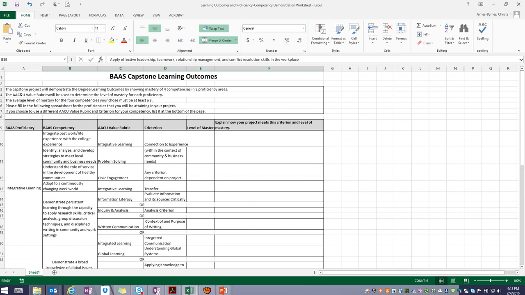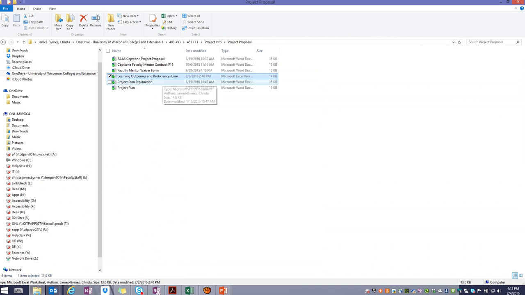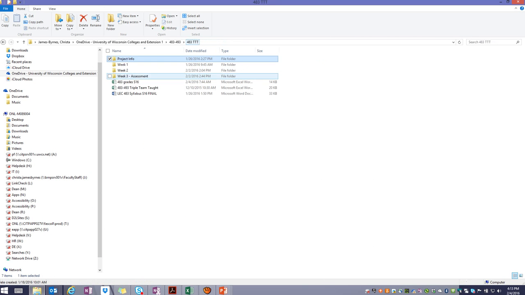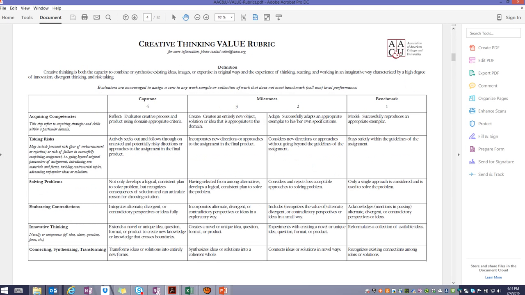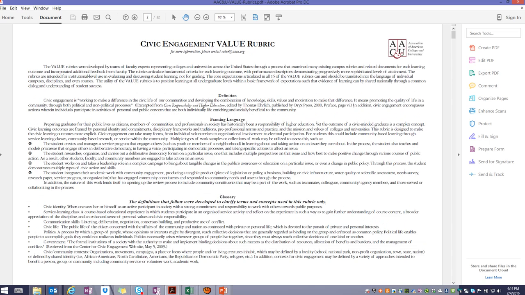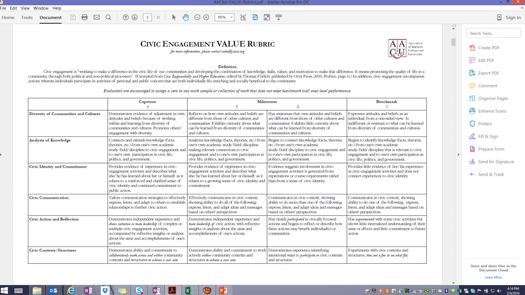Now, this is our best guess. Myself and a couple other people on the assessment committee did this. This is our best mapping that we have done. That does not preclude you. If you want to, you can go back to that AAC&U VALUE rubric, and you could use the civic engagement rubric, and you could use civic identity and commitment and say your project's at a level 3.